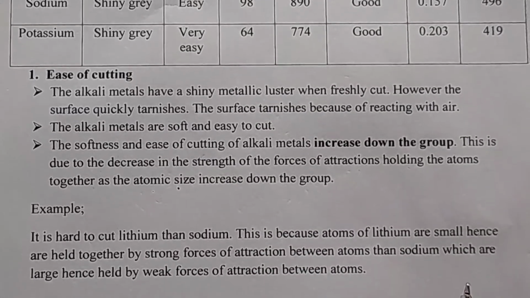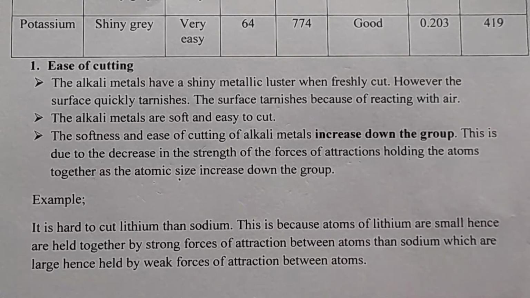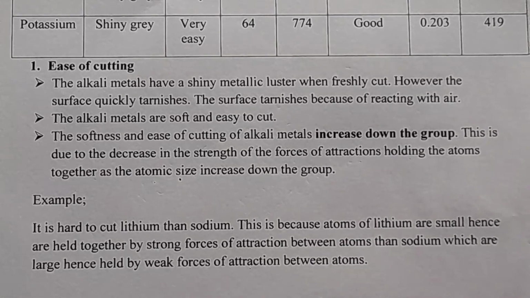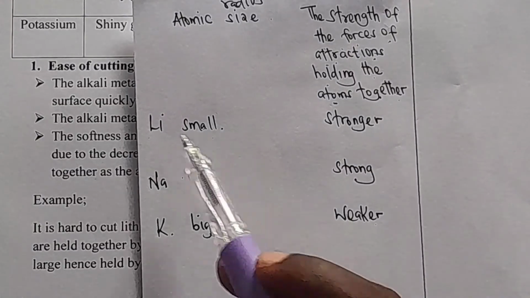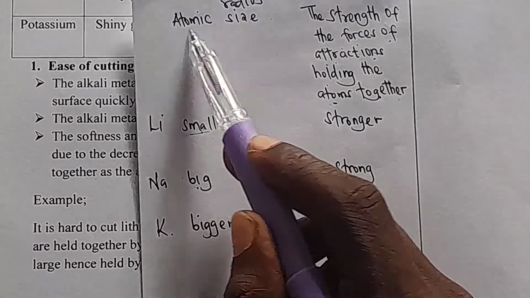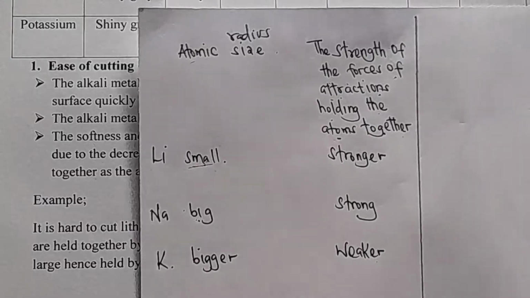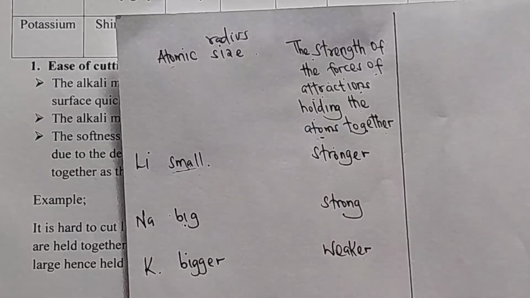Okay, let's go to an example. Comparing now the ease of cutting of two alkali metals. Here we're told it is harder to cut lithium than sodium. Lithium has a small atomic size. That means it has a stronger strength.